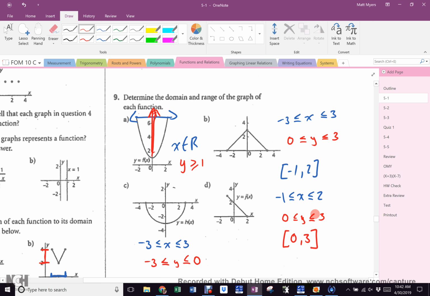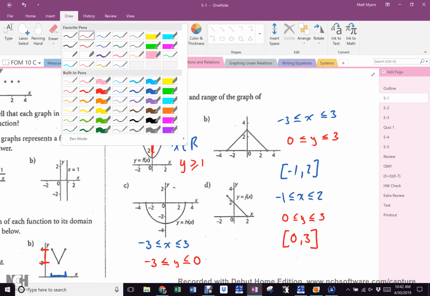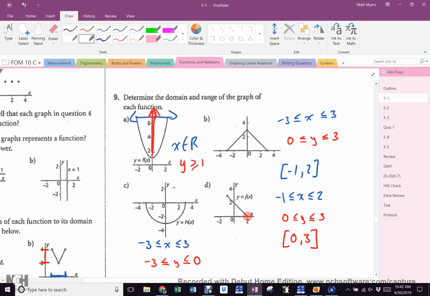What if that dot was open? How would this change? This would be just less than, and this would be a round bracket.